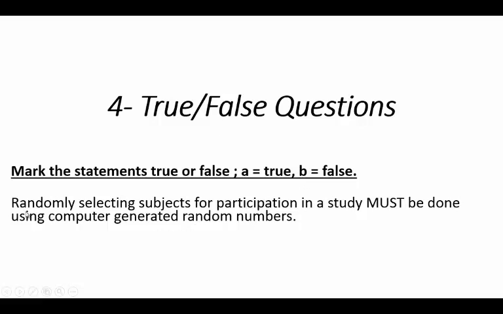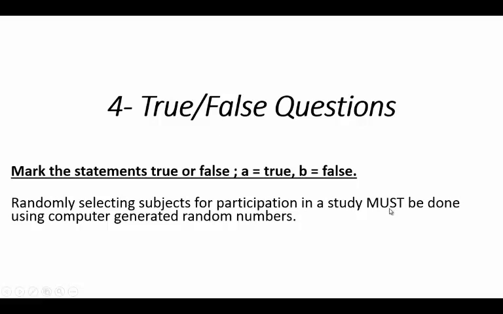The statement is saying randomly selecting subjects for participation in a study MUST be done using computer-generated random numbers. When you see a word like this that is in all caps, you need to pay attention because this word is in all caps for a reason. It is emphasizing the word must.